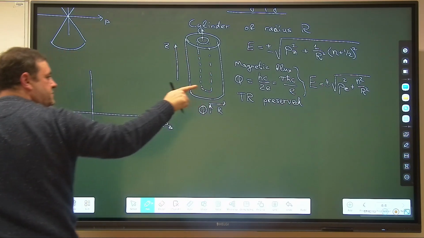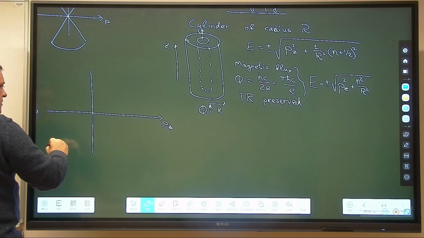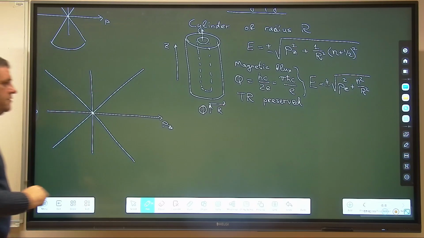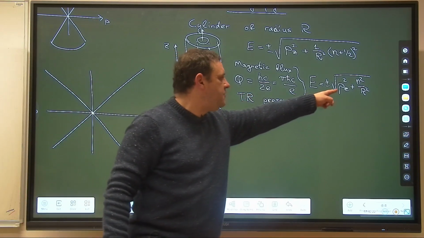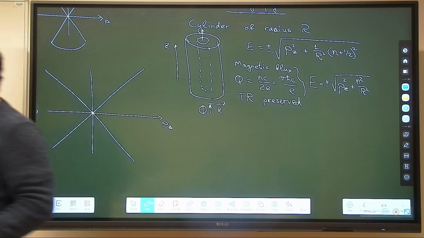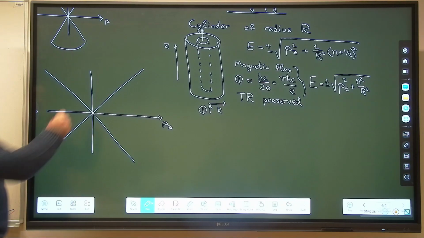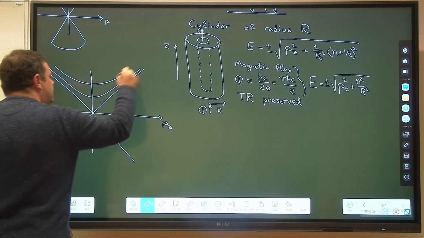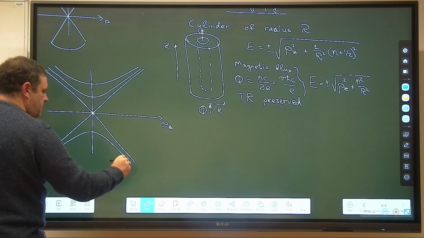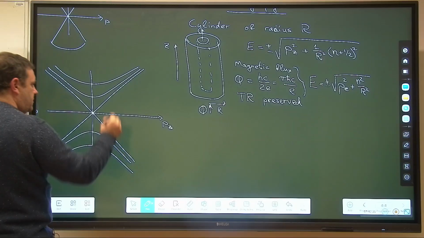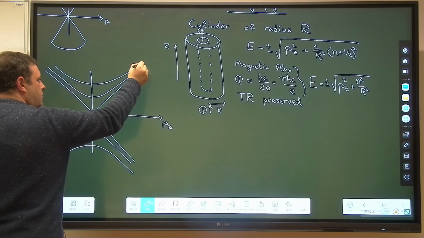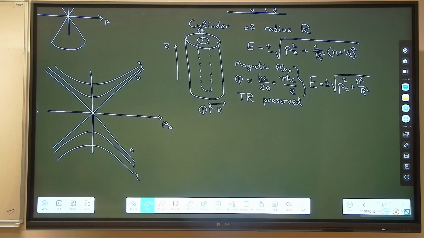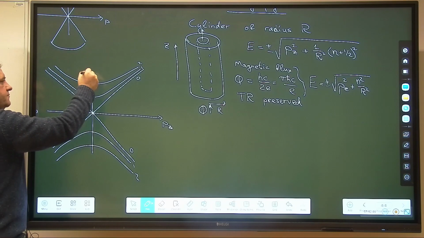For n equals 0, we have a very specific thing, which is a straight line: E equals either plus p or minus p. For all other values of n, which are not 0, we have curves like this. This is n equals 0, 1, 2, and this is energy.